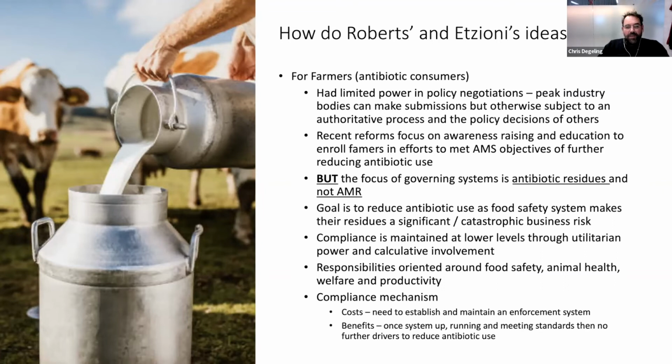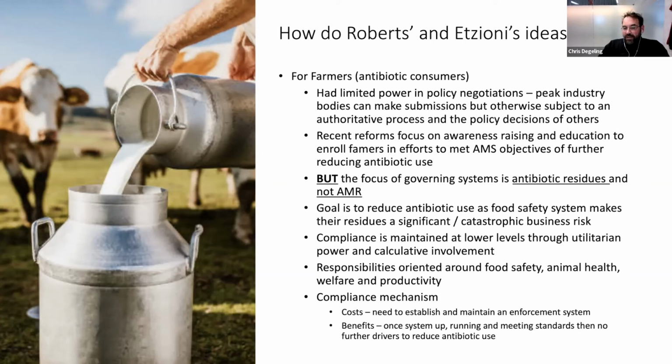The whole way that farmers are trained through the structures, systems and policies which govern how they use antibiotics is about the potential to cause residues, and their value, calculatively and economically, as a management tool to deal with welfare issues and injury in their herds. The goal is to reduce antibiotic residues as a food safety system, which makes residues a significant and catastrophic business risk. So it's all about how their business operates.